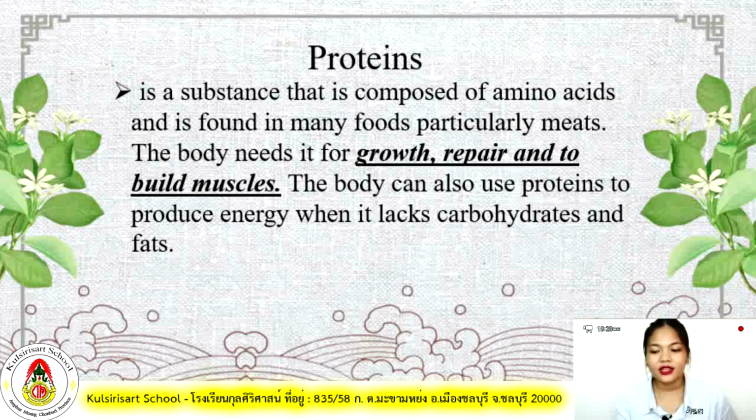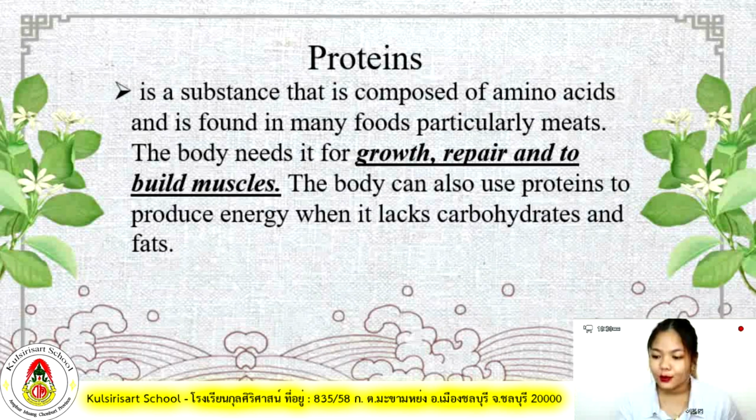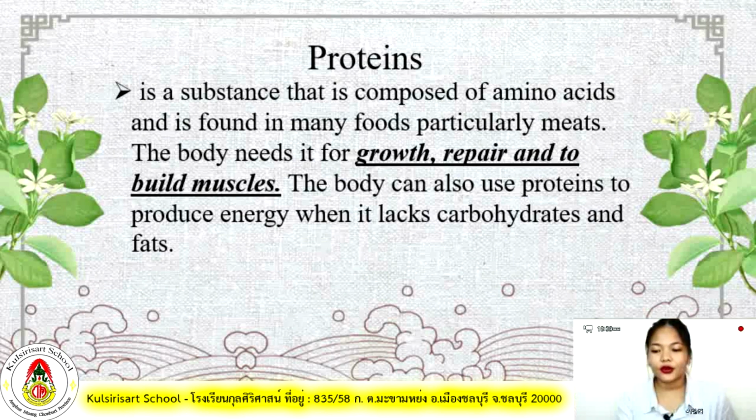Protein is a substance that is composed of amino acids and is found in many foods, particularly meats. The body needs it for growth, repair, and to build muscles. The body can also use proteins to produce energy when it lacks carbohydrates and fats.